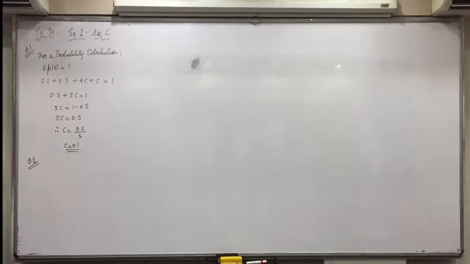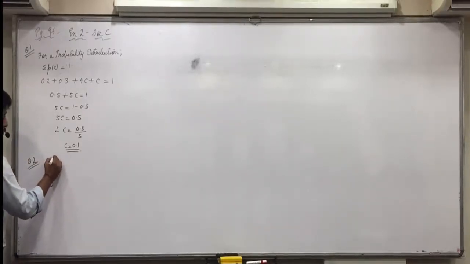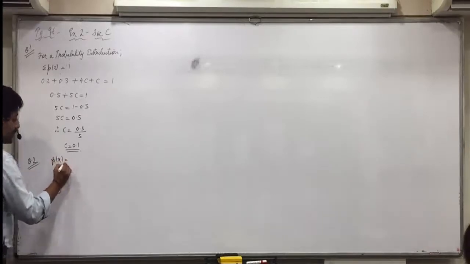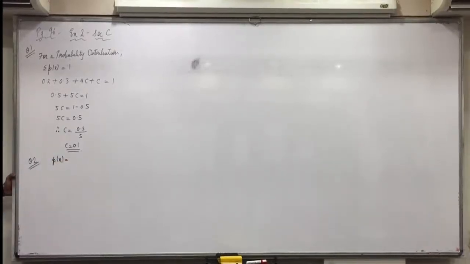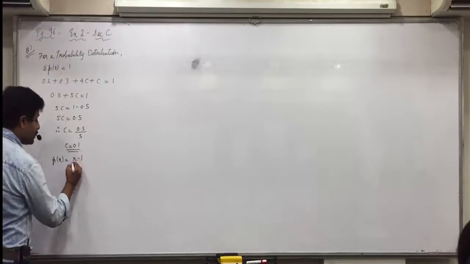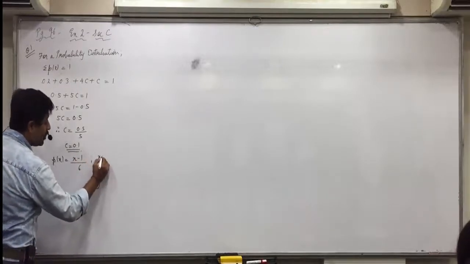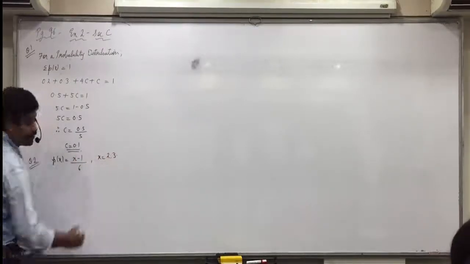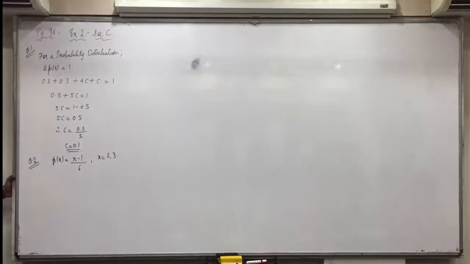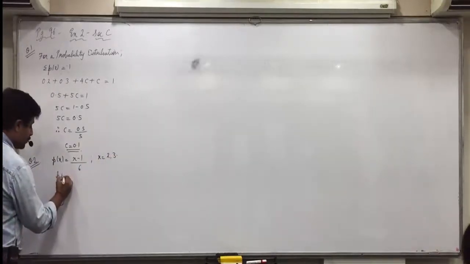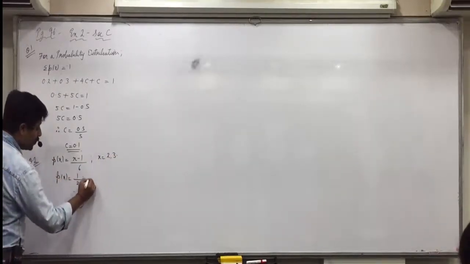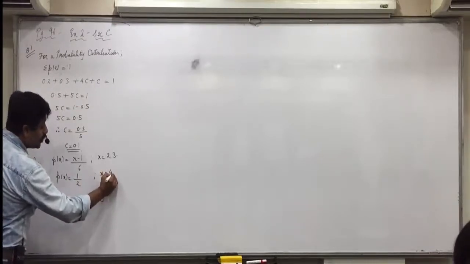So x into Px will have to be obtained. First write the functions. Px is equal to x minus 1 upon 6 when x is equal to 2 and 3. And one more function is that Px equals simply 1 by 2 when x is equal to 4.